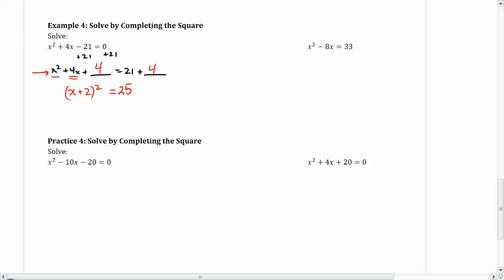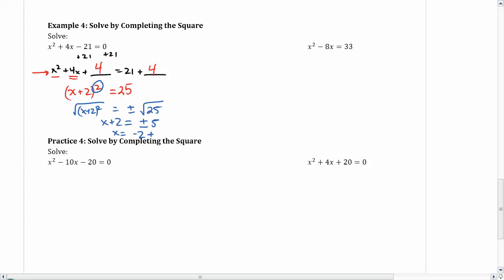Okay, next, get rid of this squared by doing the square root on both sides. X plus 2 squared, take the square root, equals plus and minus, remember that from the last part, the square root of 25. Well, that's going to be a positive and a negative 5. So x plus 2 equals positive and negative 5. Okay, so lastly, subtract that 2 from both sides.